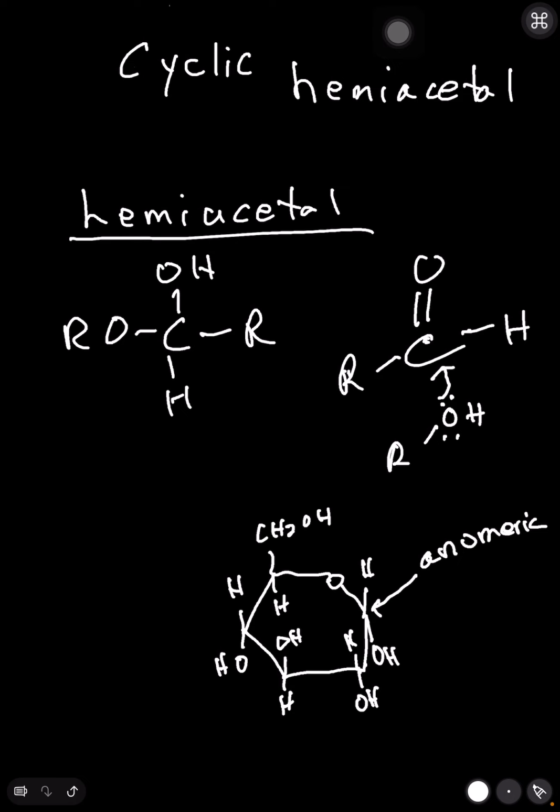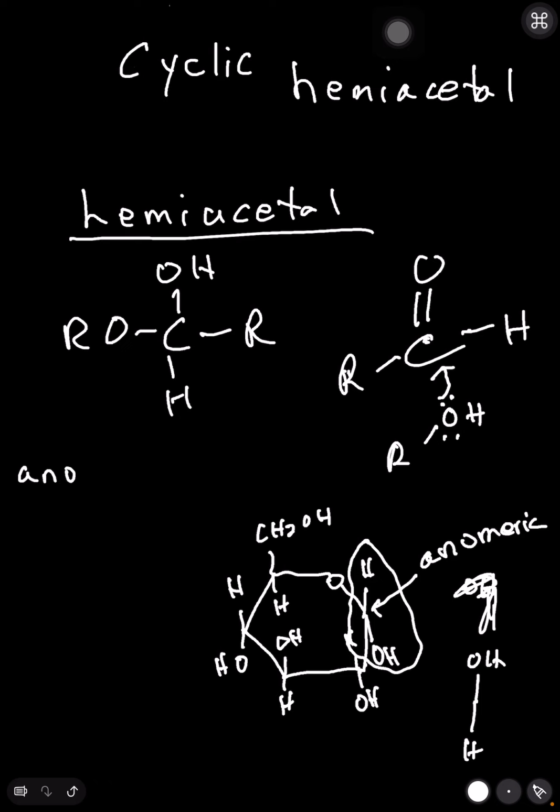From either side equally. So in a nutshell, at your anomeric carbon, you could end up with this arrangement where the H is on top and the OH is on bottom. Or you could have it vice versa, where it was like this. And you do get both. You have multiple forms.